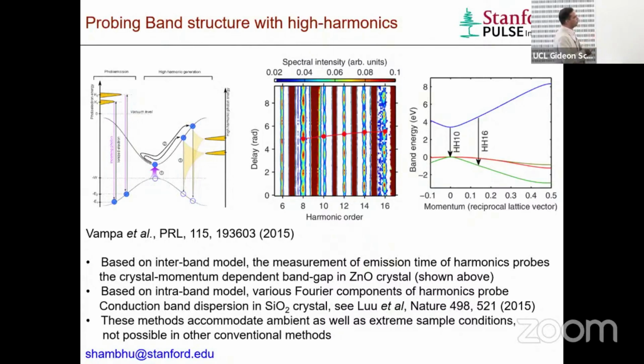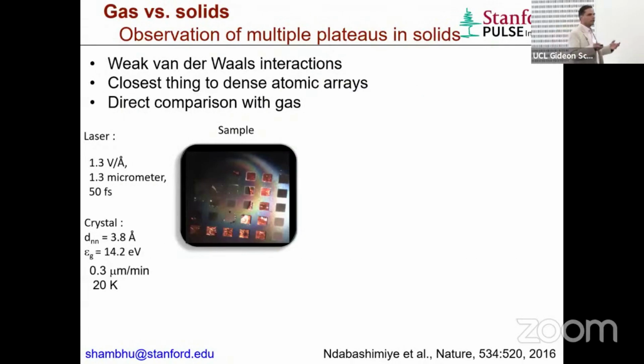So I just gave two examples based on this generation mechanism. The strength is to be able to probe the band structure, the momentum dependent band gap, and if I have time, I will show you some results on how you can also probe the Berry curvature and topology of the materials.